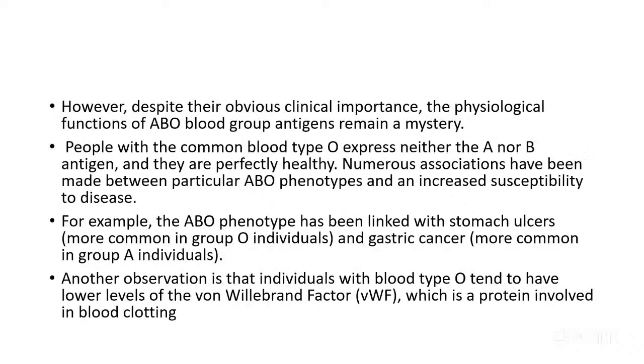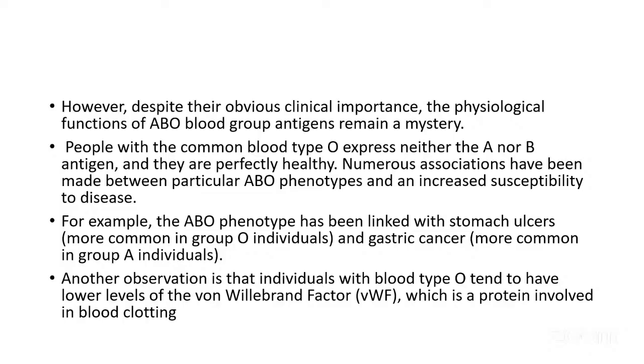However, despite their obvious clinical importance, the physiological functions of ABO blood group antigens remain a mystery. People with the common blood type O express neither the A nor the B antigen, and they are perfectly healthy. Numerous associations have been made between particular ABO phenotypes and an increased susceptibility to disease.